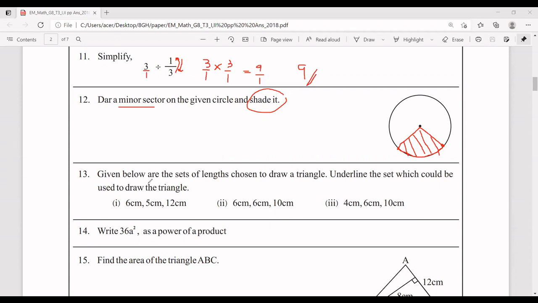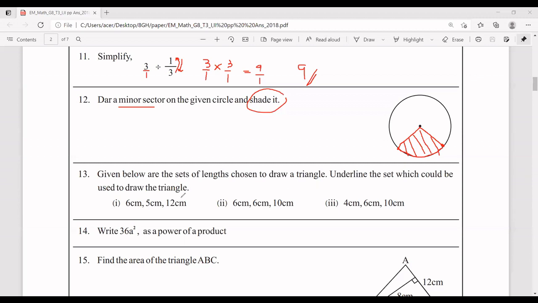13th one. Given below are the sets of lengths chosen to draw a triangle. Underline the set which could be used to draw the triangle. There are 3 sets of values: 6, 5, 12; 6, 6, 10; 4, 6, 10.